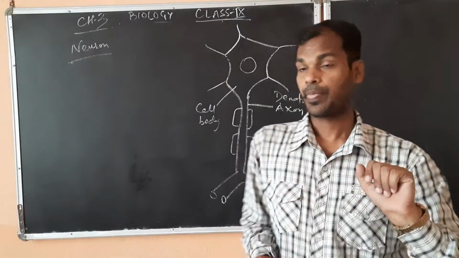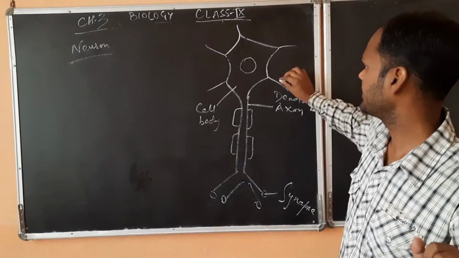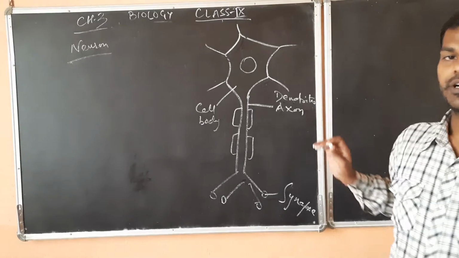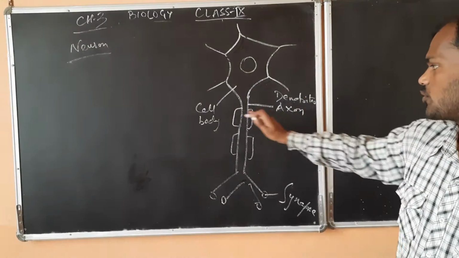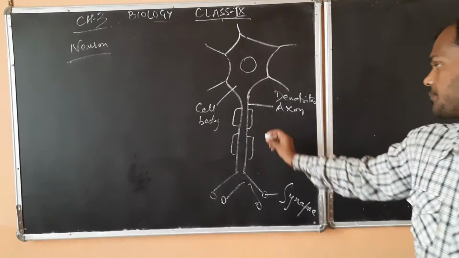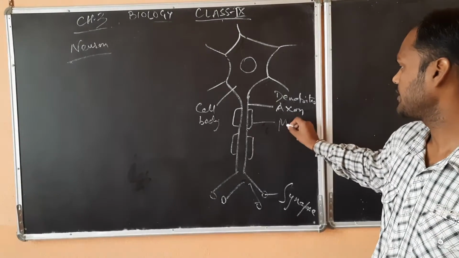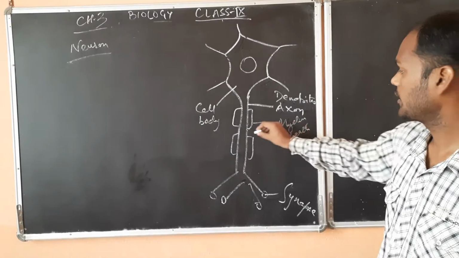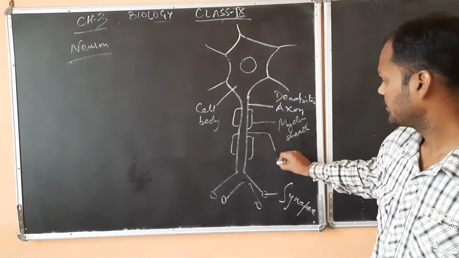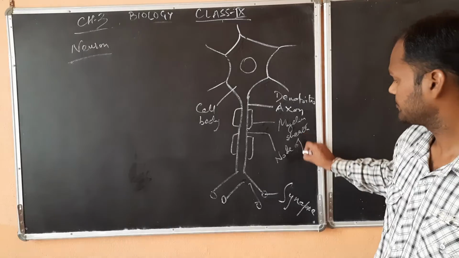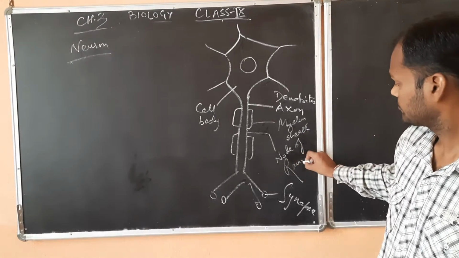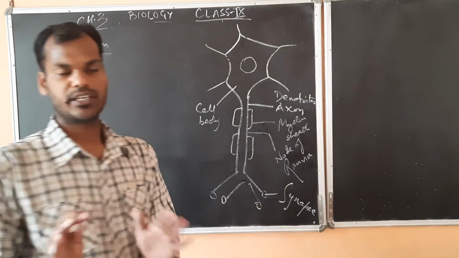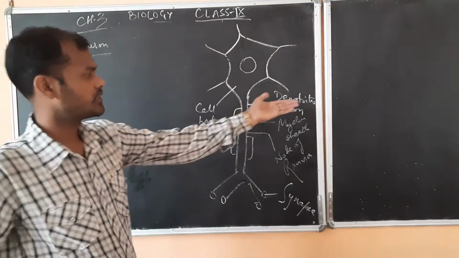So you see here, what is happening? These are all dendrites, 1, 2, 3, 4, 5. So the different parts of the neuron are dendrites, axon, cell body, and synapse. Then here is your myelin sheath, and here you will have the node of Ranvier. So now we will see the functions of the different parts.